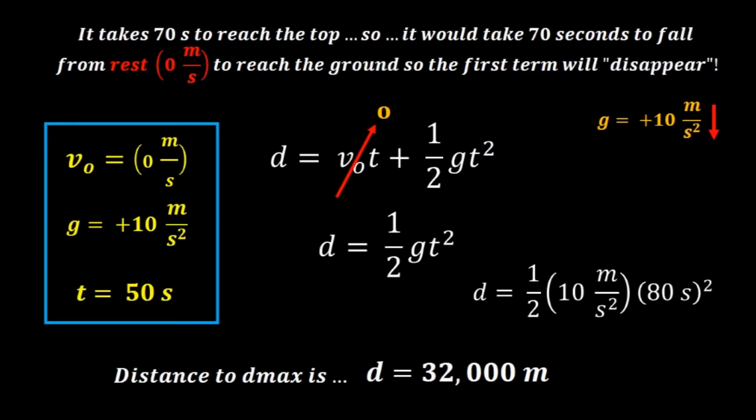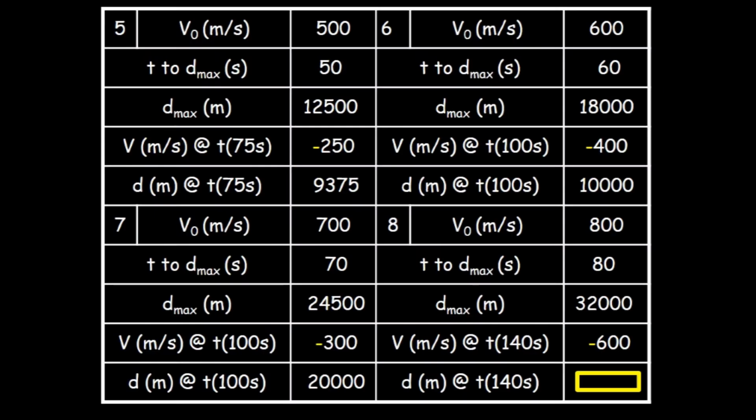And that's the way we've been doing these last few problems. As you plug in, d equals v naught t plus 1/2 g t squared. V naught t cancels to 0, so you're left with 1/2 g t squared. Plug in, you get 32,000 meters.